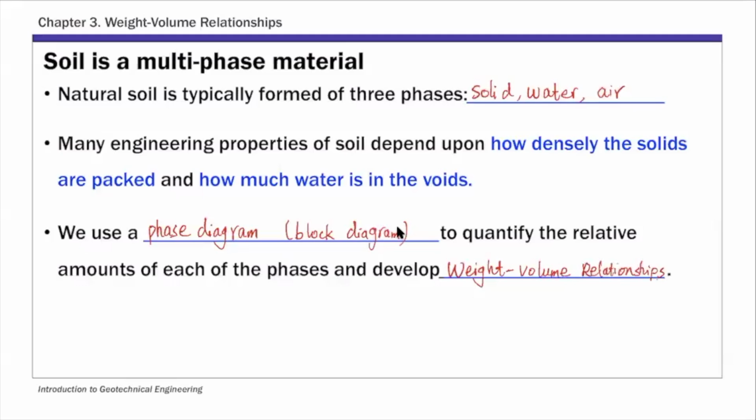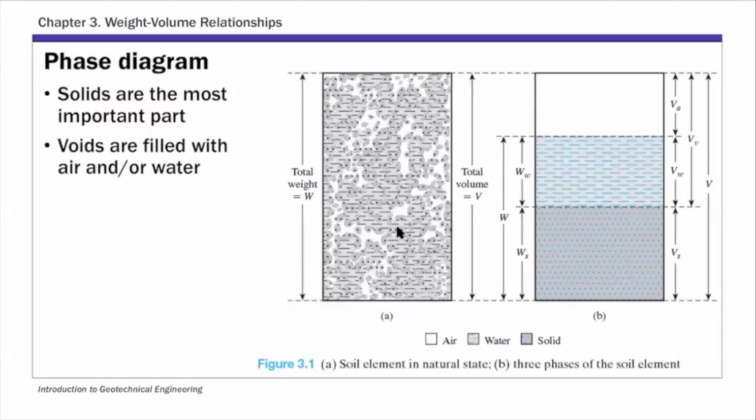So what does this phase diagram look like? On this slide, there are 2 figures. On the left-hand side, that's soil in its natural state. You have all these irregular shaped solid particles, and you have all these voids. Some of the voids are filled with water, some are filled with air. That's natural soil. On the right-hand side, that's the phase diagram.